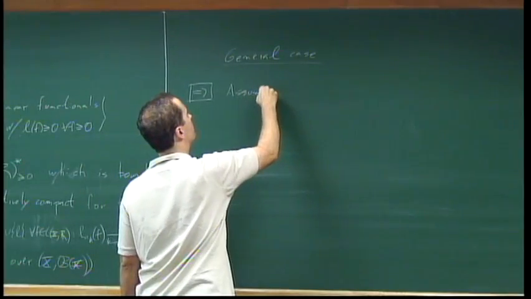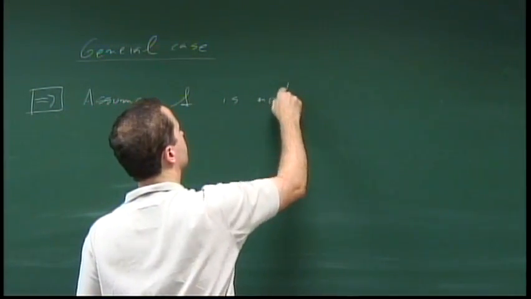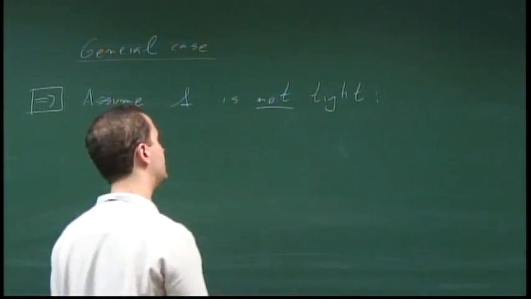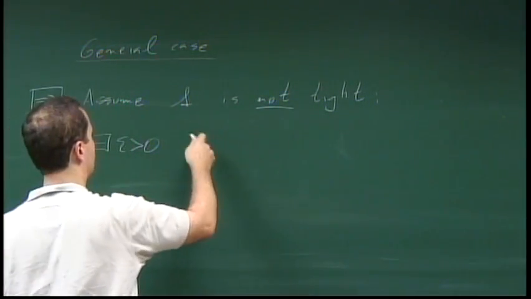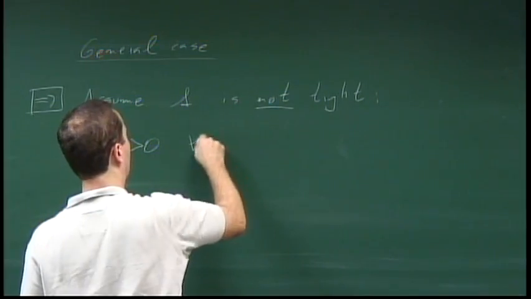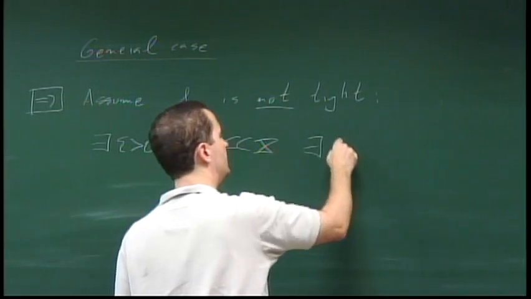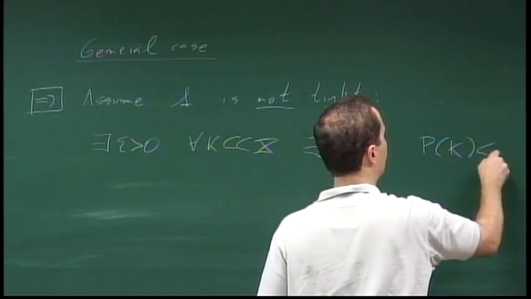Assume S is not tight. There exists an epsilon such that for all compact subsets K of X, there exists a P in S with P of K less than 1 minus epsilon.